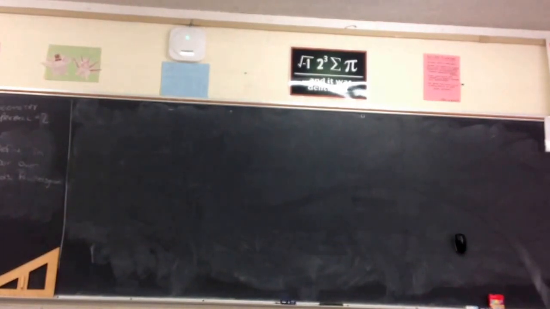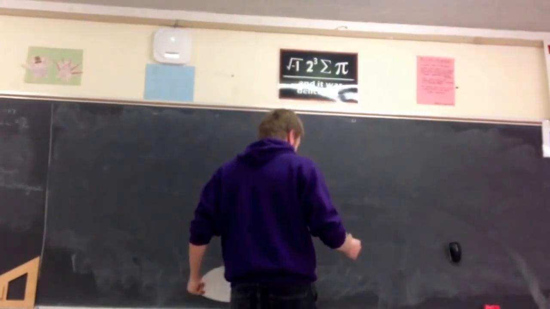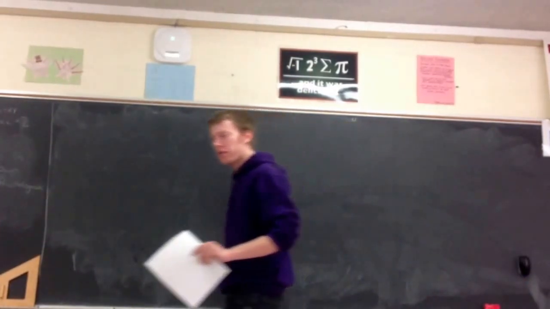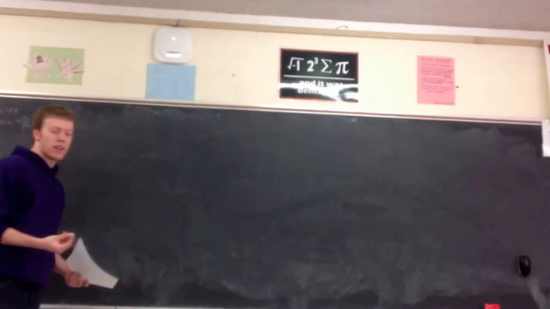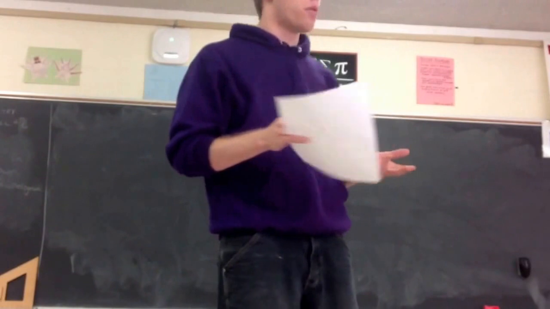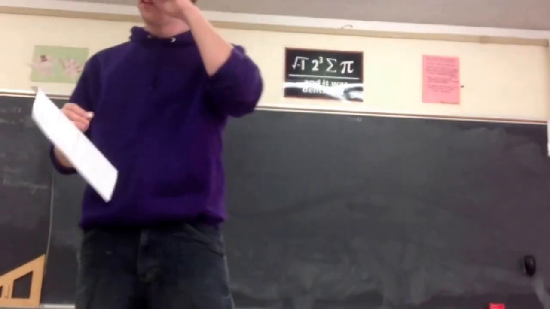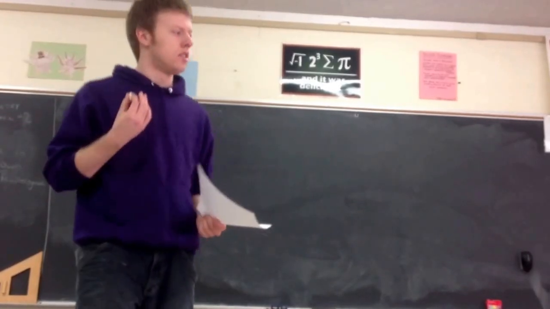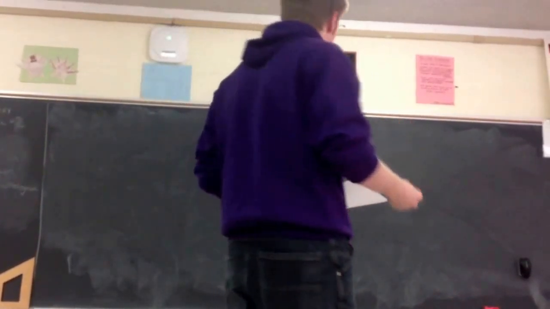Our definition for parallelogram is that both sets of opposite sides of a four-sided figure are parallel. So in other words, it's a four-sided figure whose opposite sides are parallel.